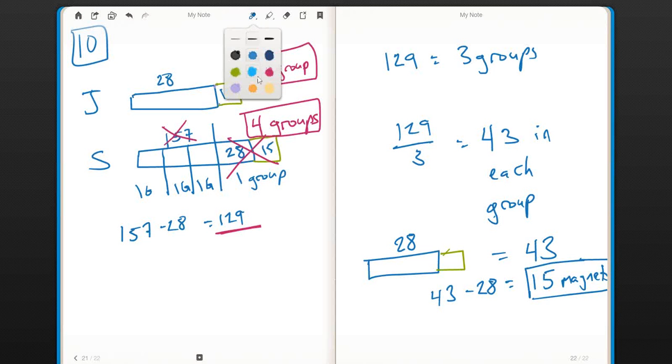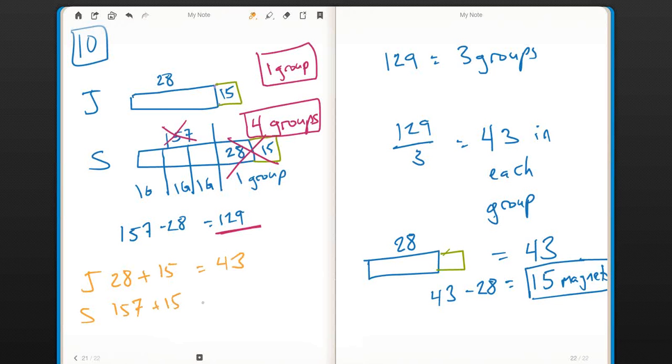Again, it's an extremely good habit to check your work and find out. If Joseph had 28 and Sarah had 157, if they each added 15, then Joseph has 43 and Sarah has 172.